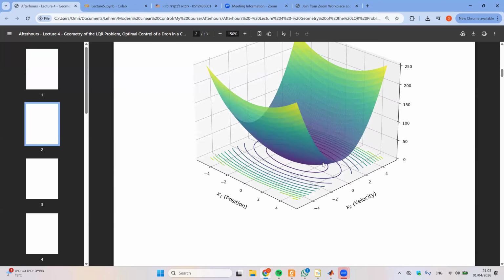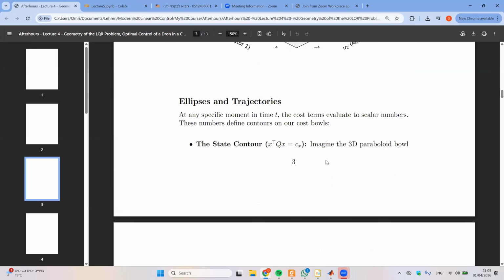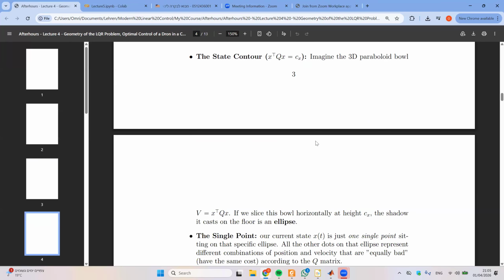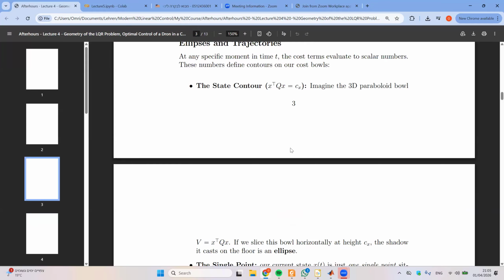So at any point in time this term is equal to some constant, and it's basically like taking a knife and horizontally cutting this ball.